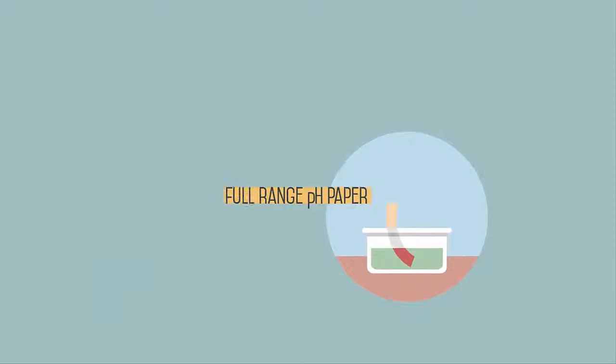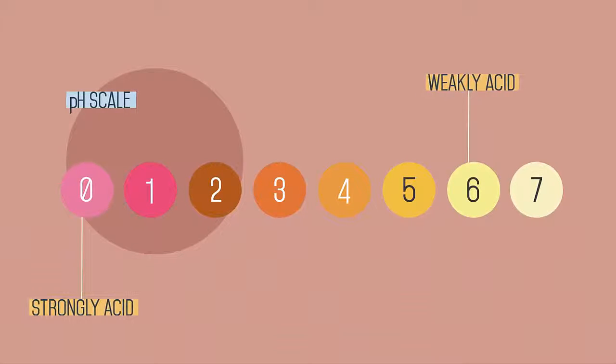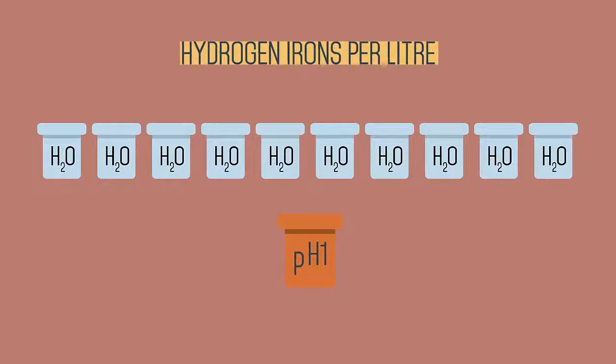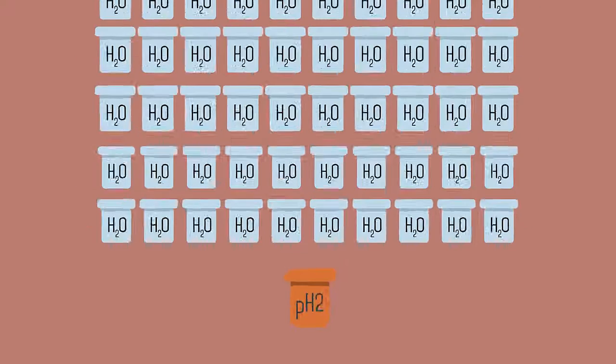Acids can be identified by using full-range indicator from 0 to 7 on the pH scale. pH is a measure of the concentration of hydrogen ions. For example, at pH 0 there is 1 mole of hydrogen ions per liter. At pH 1, just 1/10 of a mole of hydrogen ions per liter.